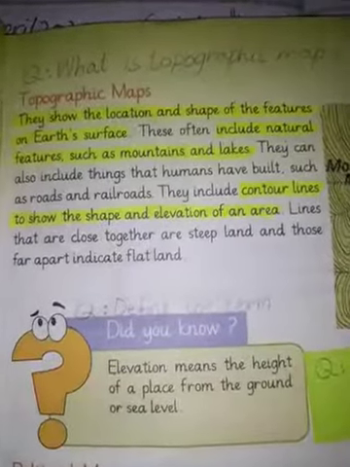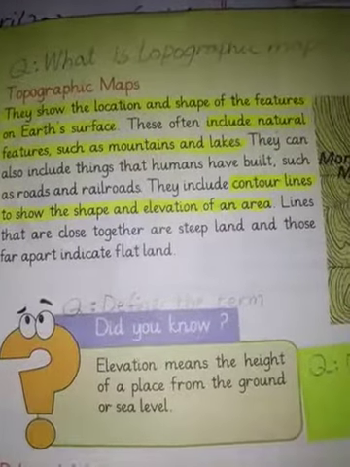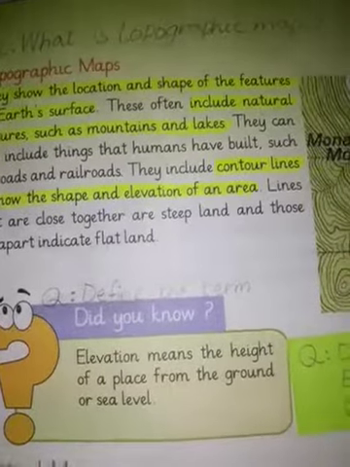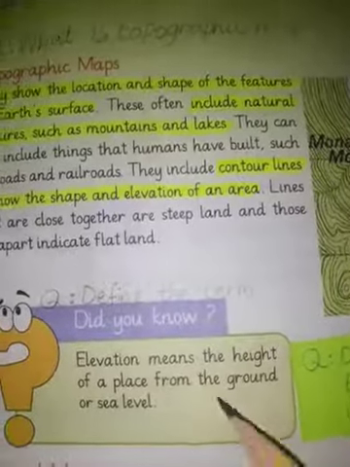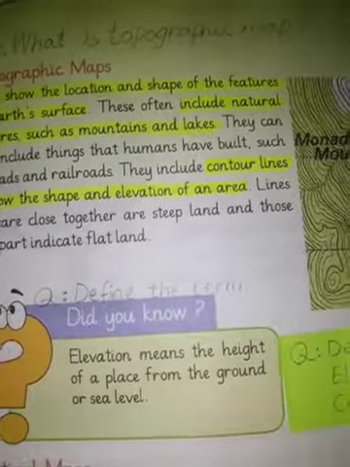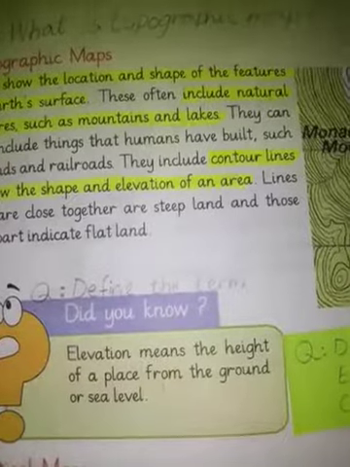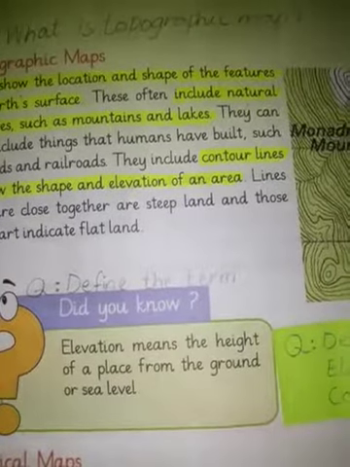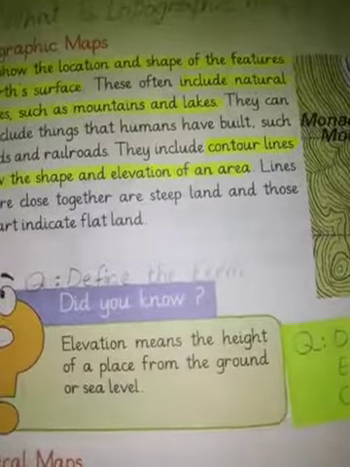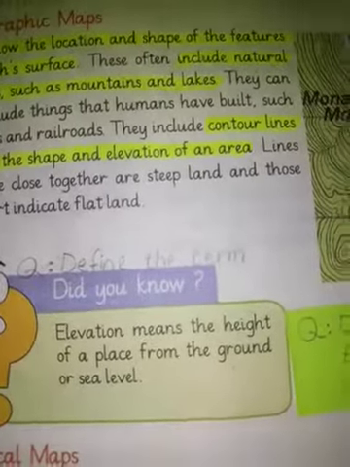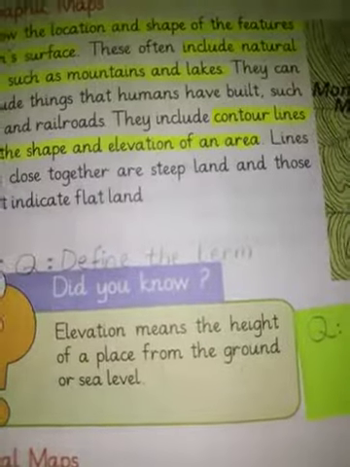For example, mountains have elevation. It is defined as the height above the ground or other surface. Elevation is the distance above sea level. Yes. So remember this point, that elevation is the distance above sea level, and it is always measured in meters or feet.